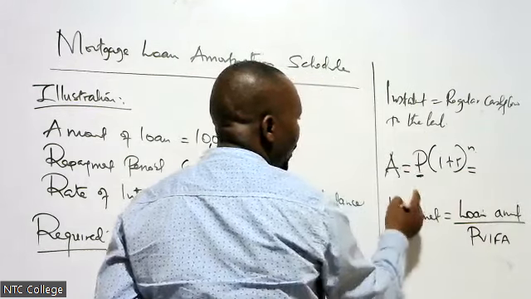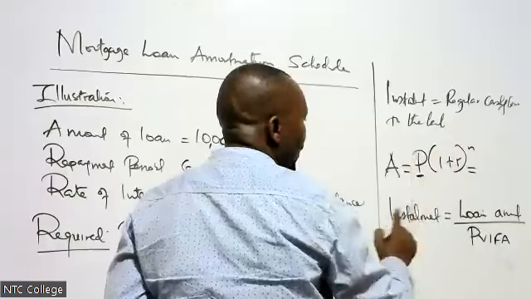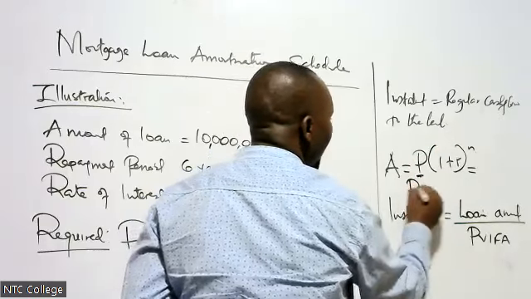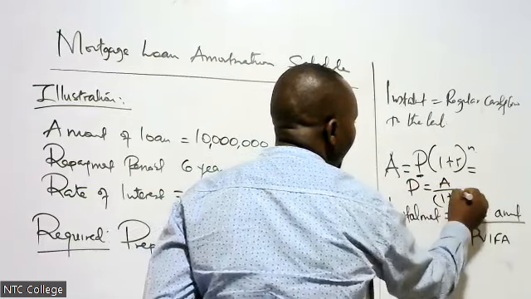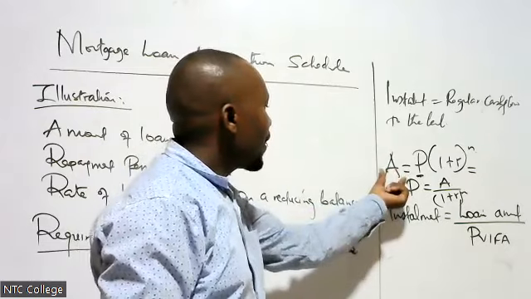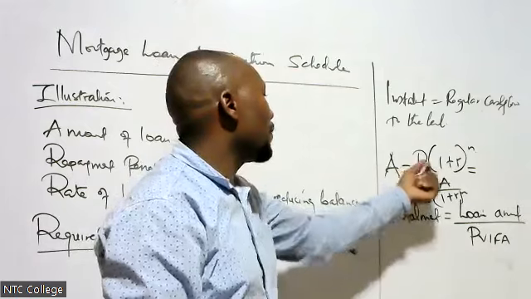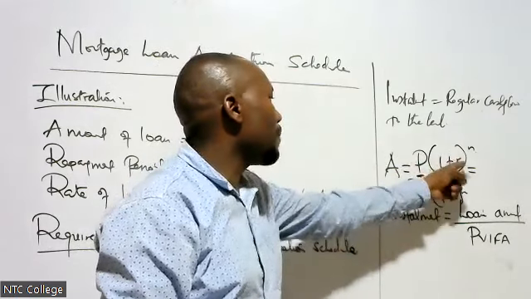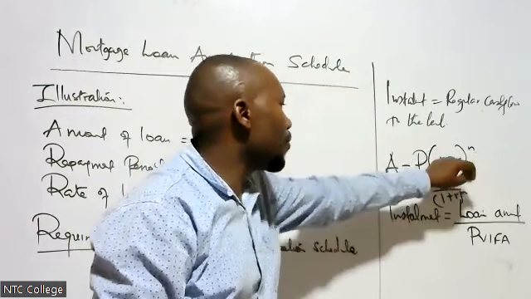So P is the installment, it is the regular amount that you are investing here, but if you are paying it, it is a regular amount that you're paying. So P is equal to A all over 1 plus r. Sinakonga hivyo. Normally we have, in this case, the amount that you get at the end of the year when you are investing somewhere and you get an interest of a certain percentage for a certain period of time.